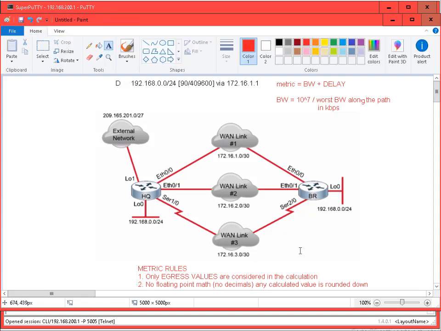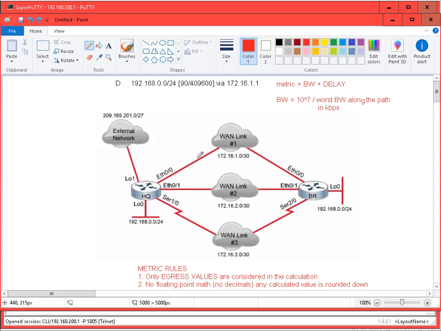I'll explain what I mean by this as we go through the process. We've already decided that we're using this link to reach the destination, so I'm evaluating this path to see how I came up with this number here. Does that make sense so far? I'm evaluating this path to see how I came up with that number, which means now I need to take a look at this bandwidth.